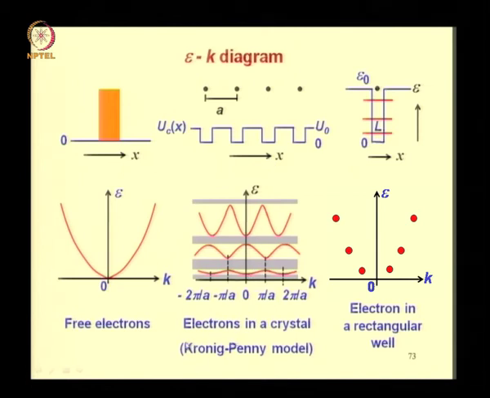This model is referred to as the Kronig-Penney model after the scientists who proposed the above solution for the E-k diagram. The locations which define the periodicity of E-k are related to the interatomic distance a that is given here.